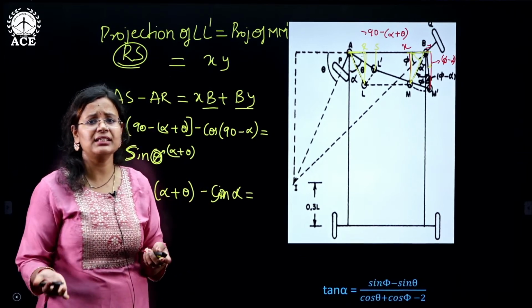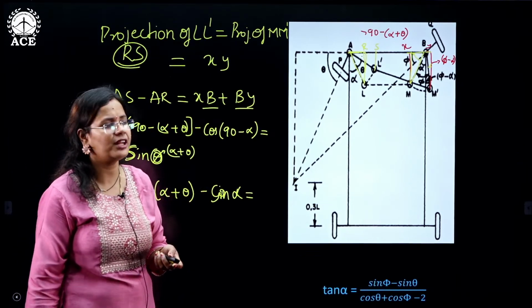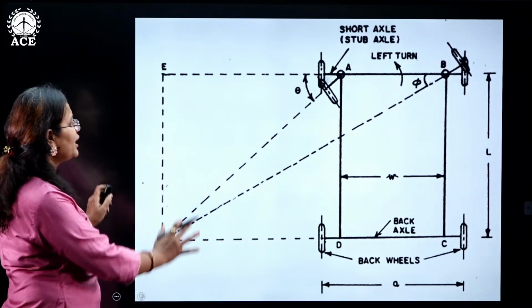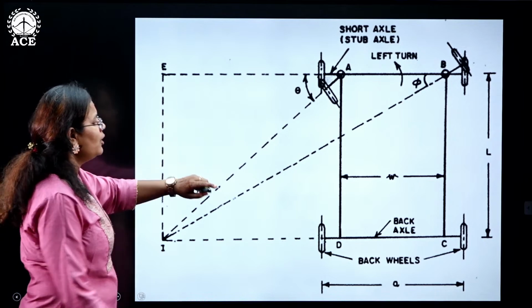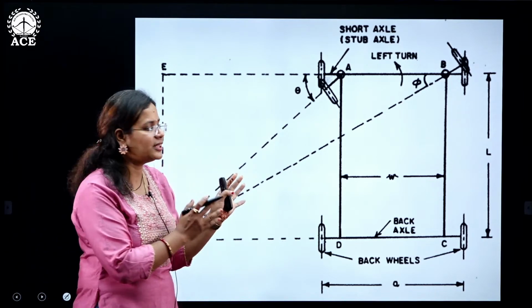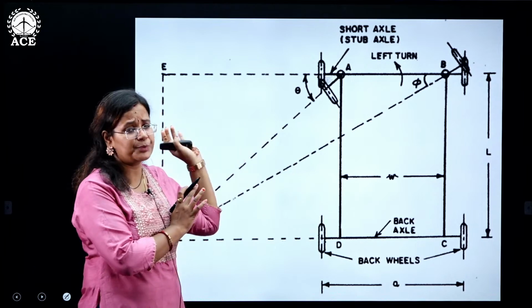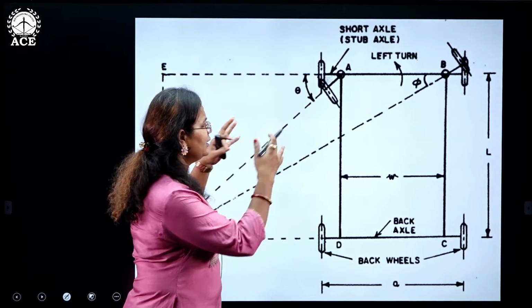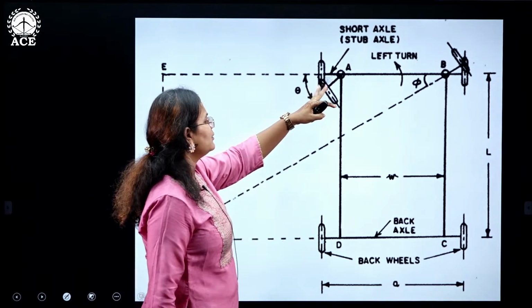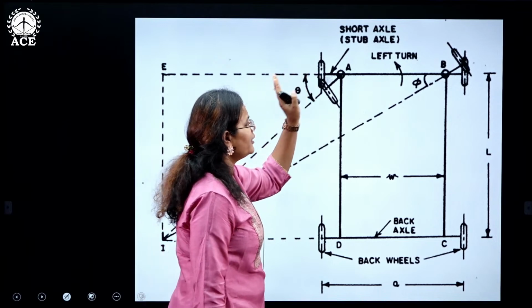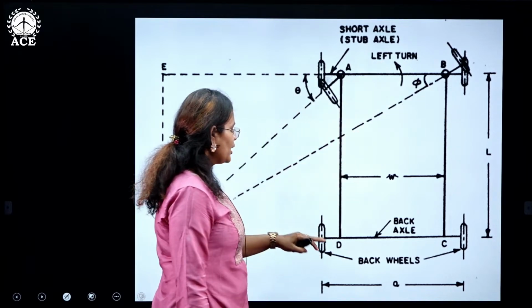Now in our daily vehicles, please let me know which one we are using. So this is the actual condition, let's say without following any Davis and Ackermann's. This is actually the steering gear mechanism that we have seen just before. That was not clear, so this is the actual enlarged view. This is the front left hand side wheel, right hand side wheel, back wheels.